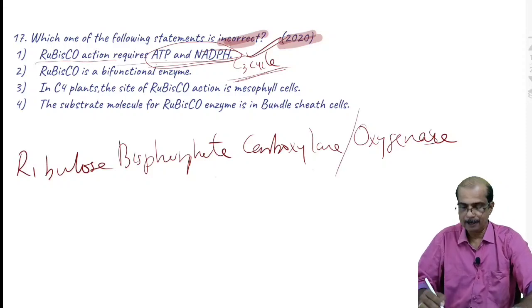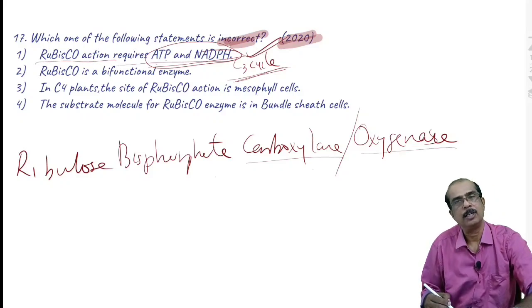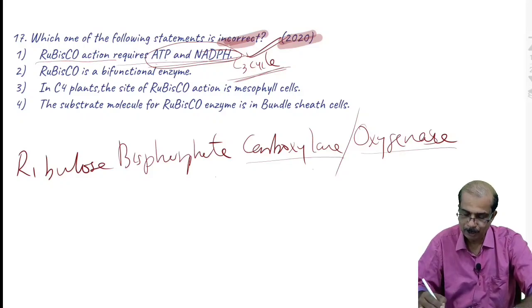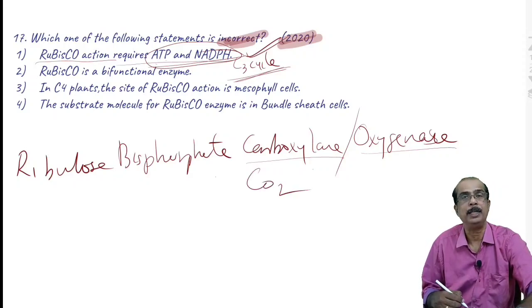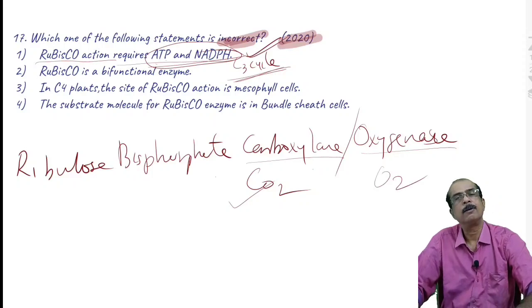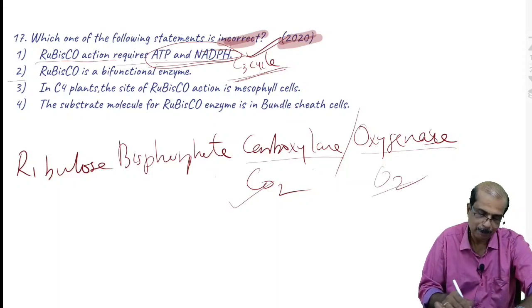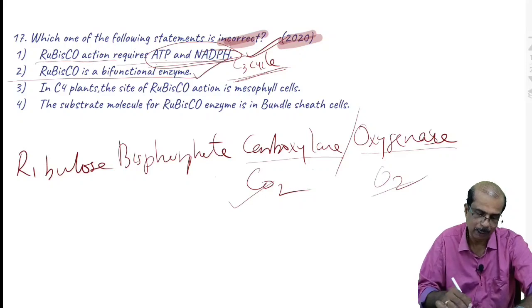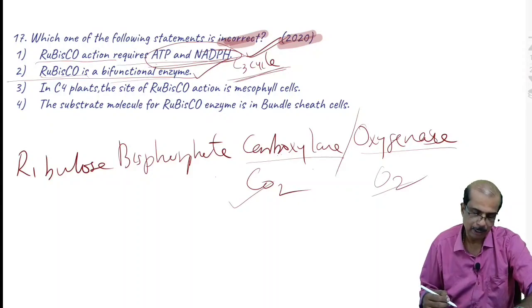It undertakes carboxylation action and oxygenation action also. If the concentration of carbon dioxide is more in the medium, carboxylation takes place. If the concentration of oxygen is more, oxygenation takes place. So statement 2 is also correct, because Rubisco is both carboxylase and oxygenase.